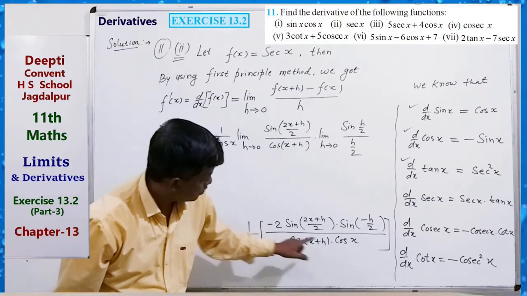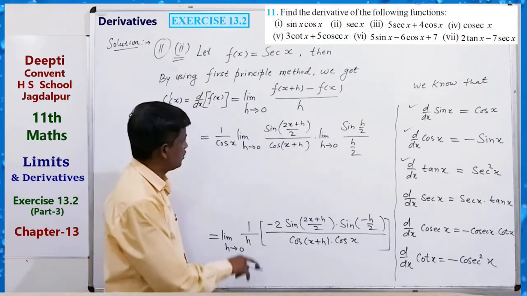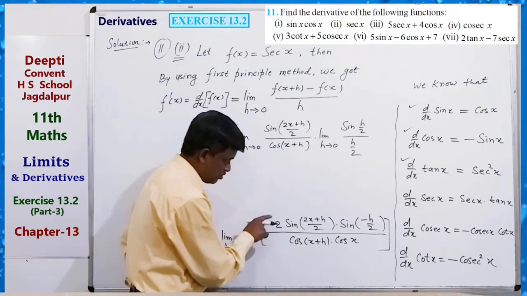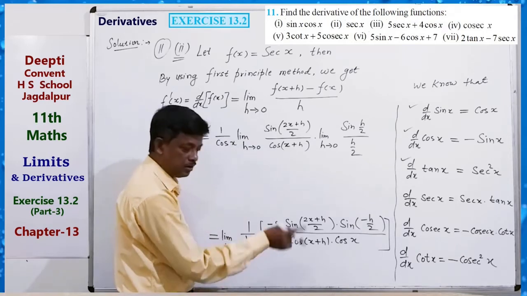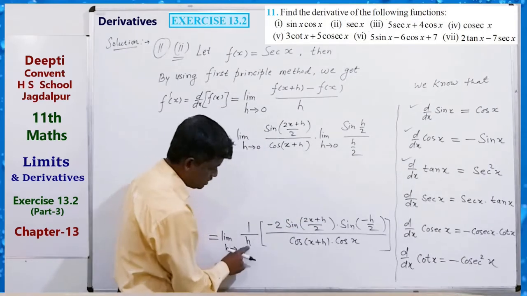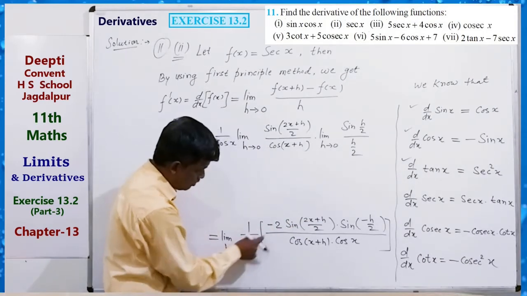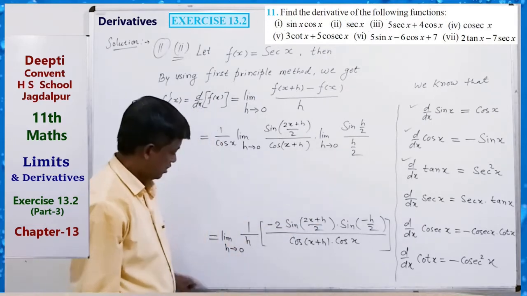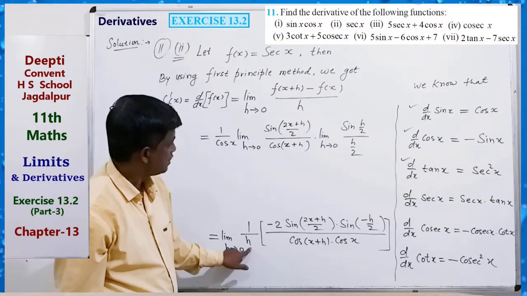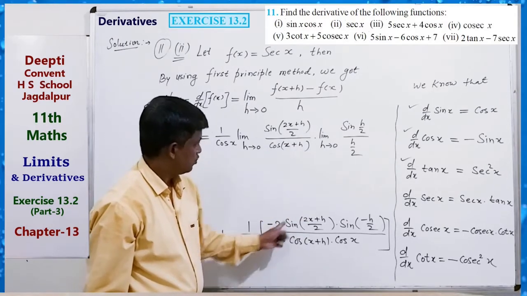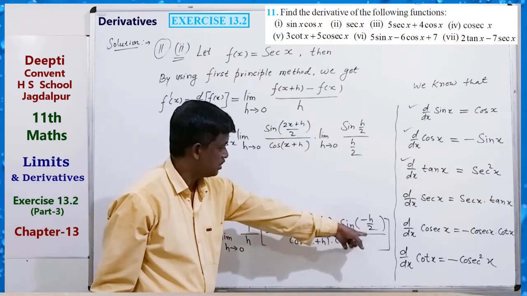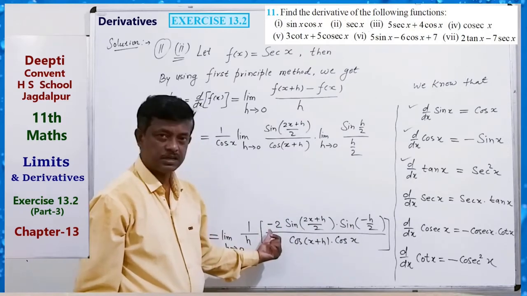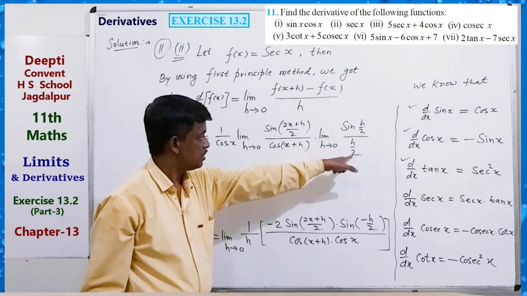Here these two can be taken to the denominator, because h is here, so 2 can be taken here, h by 2. So h by 2 is this. Limit h tending to 0, h and this 2. So h by 2. Sin h by 2 minus, already adjusted here. So sin h by 2 upon h by 2, h tending to 0.